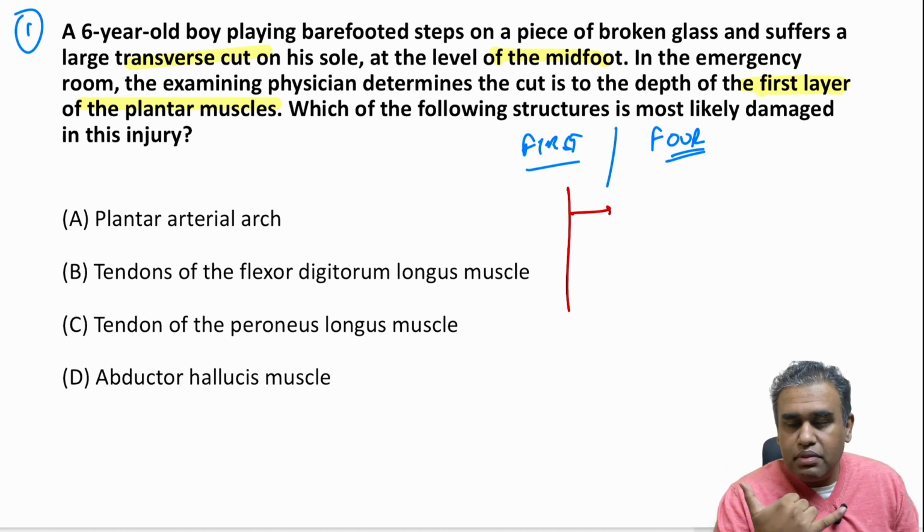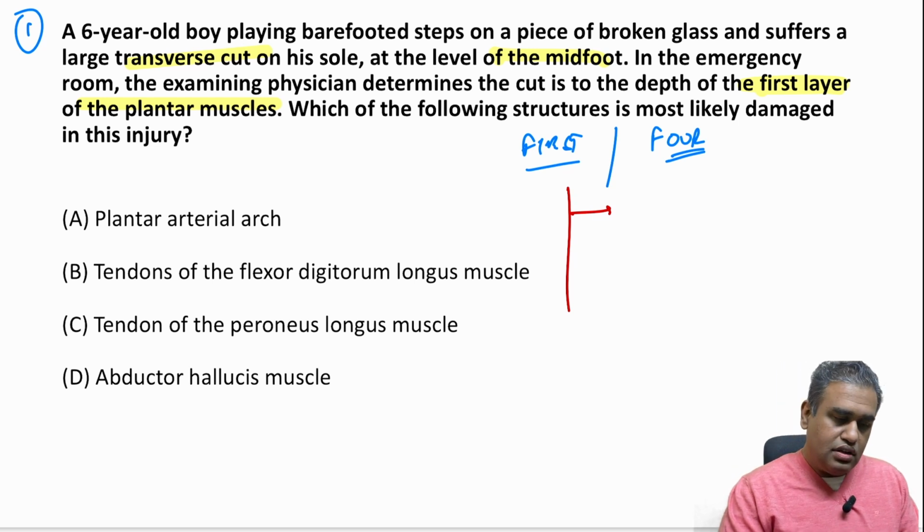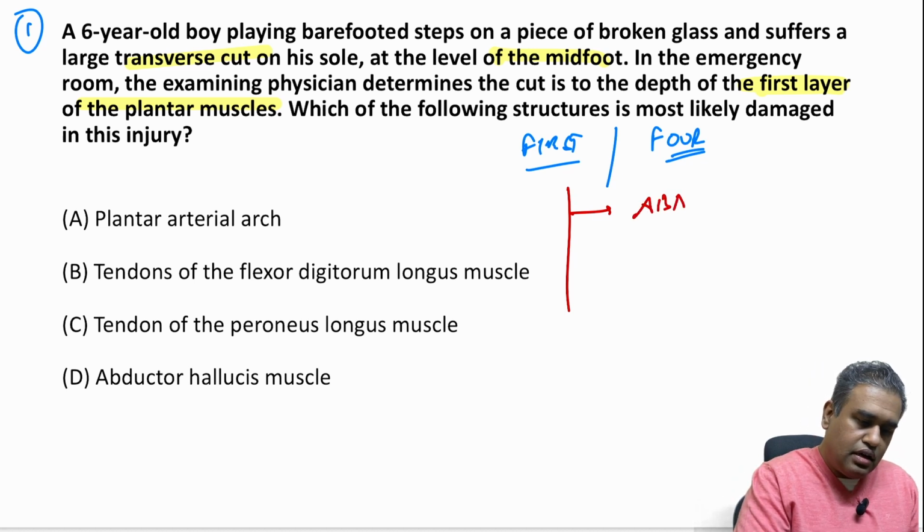So if you do this, you are abducting the great toe, abductor hallucis, you are abducting the little toe, abductor digiti minimi, and you are flexing the other toes, flexor digitorum. So the muscles in the first layer will be our abductor hallucis, then we will have abductor digiti minimi, and we also have the other flexors, flexor digitorum.